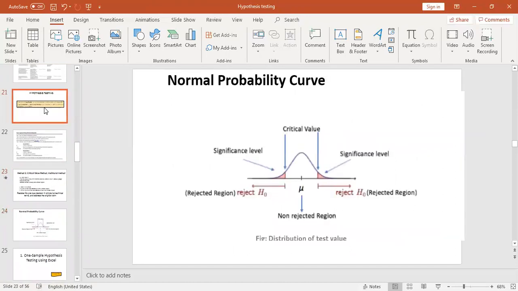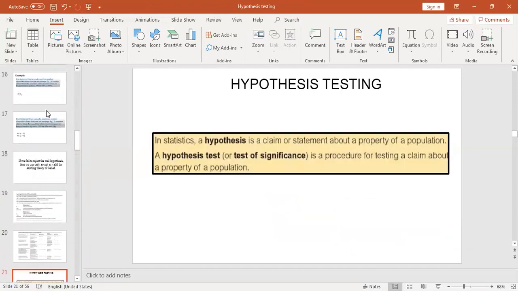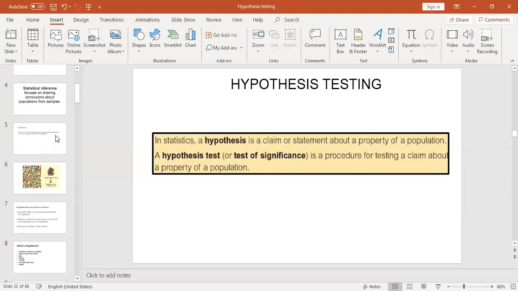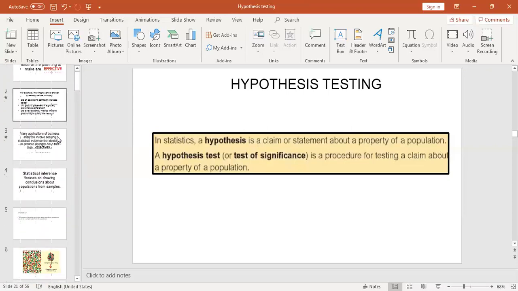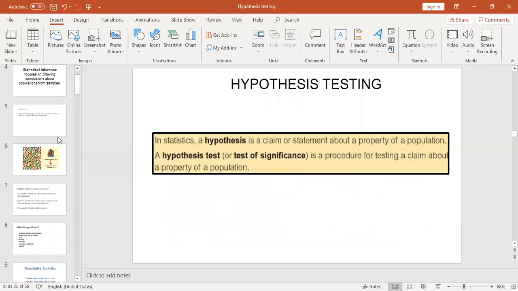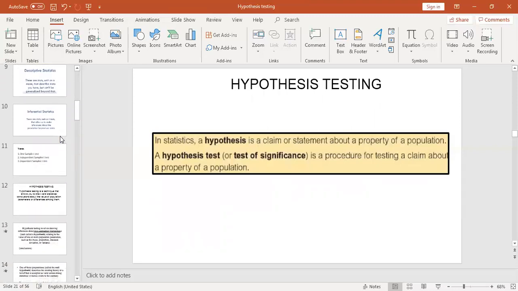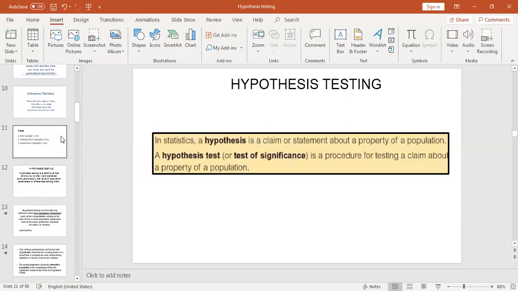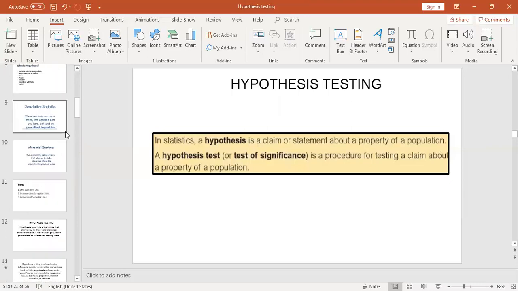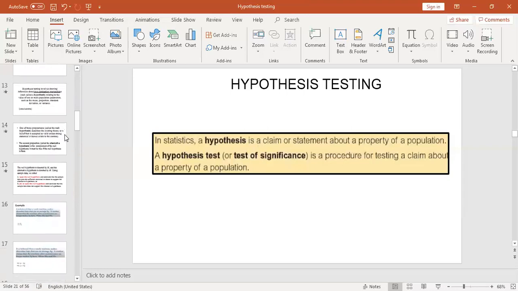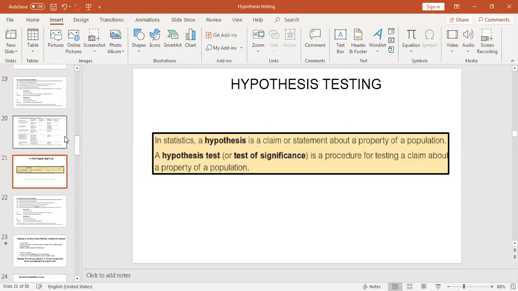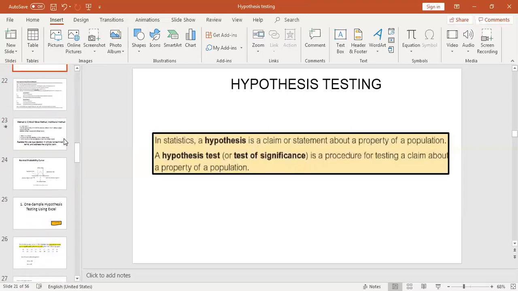So that is the basics of hypothesis testing. I hope what is meant by statistical inference is clear for you. What a hypothesis is and what hypothesis testing is, are clear. I hope the things you have to be mindful of when drawing a statistical inference are clear for you all. And the null hypothesis and alternative hypothesis we have discussed by now.